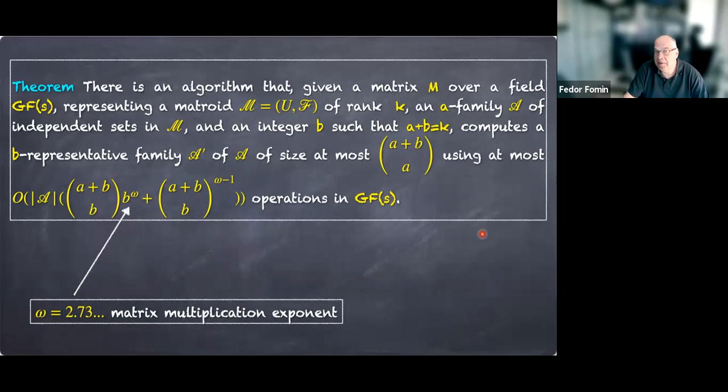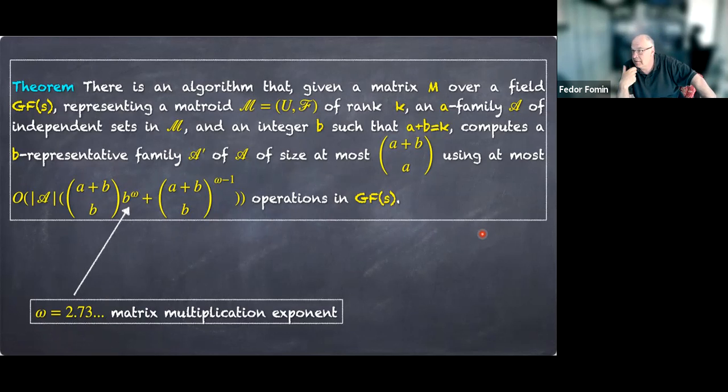The theorem is: there is an algorithm that, for a given matrix M over a finite field, which represents some matroid of rank k, and a family A of sets of size a which are independent sets in the matroid, and an integer b, such that the sum of a and b is the rank of the matroid, computes a b-representative family A' of this set.